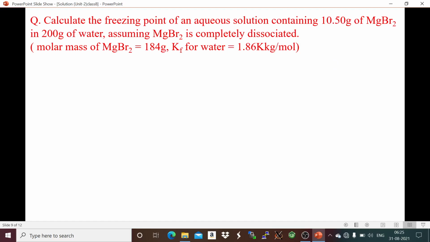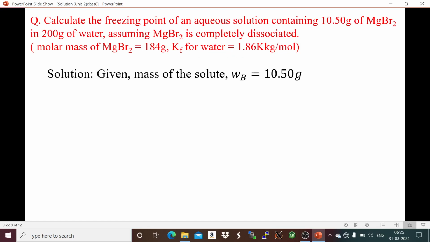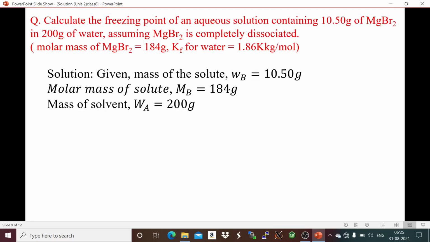Okay, so here magnesium bromide is completely dissociated, molar mass is given, and the Kf value of water is given. Mass of solute is 10.5 gram, molar mass of solute is 184 gram, mass of solvent 200 gram. As it is completely dissociated, we will get Mg2+ plus 2Br-.